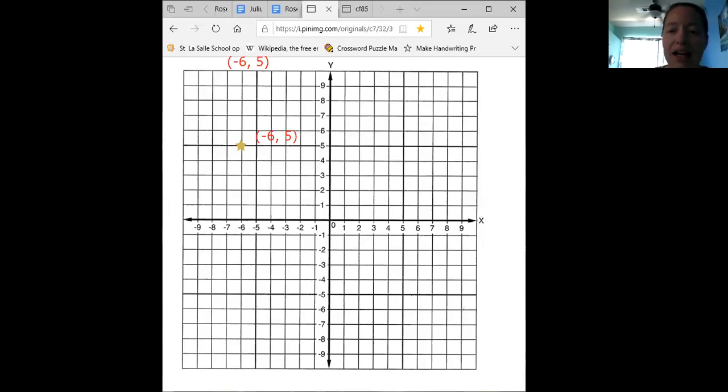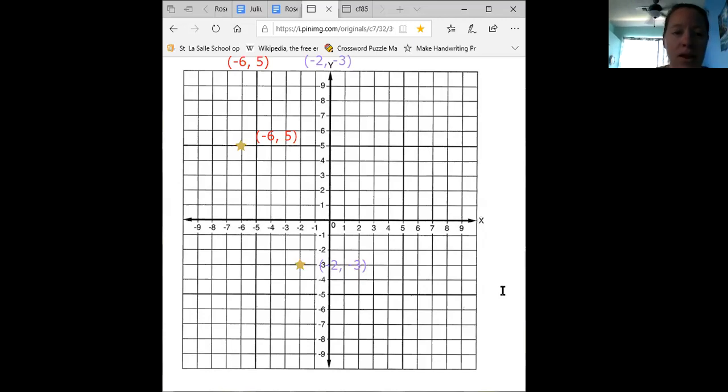If I have, instead of that, point negative 2, negative 3. So I come down here. I go to negative 2 on the x's, negative 3 on the y's, and I end up right there. And that is point negative 2, negative 3.